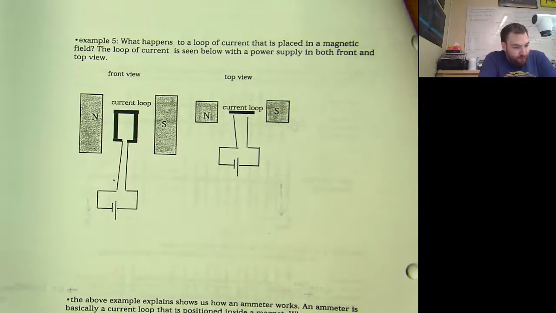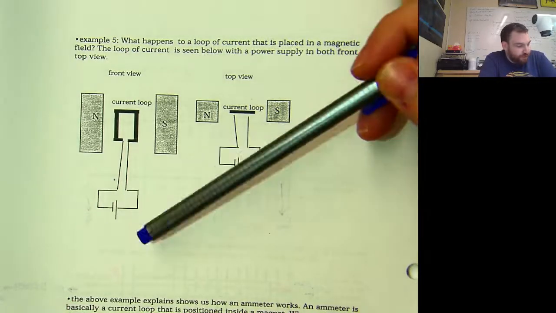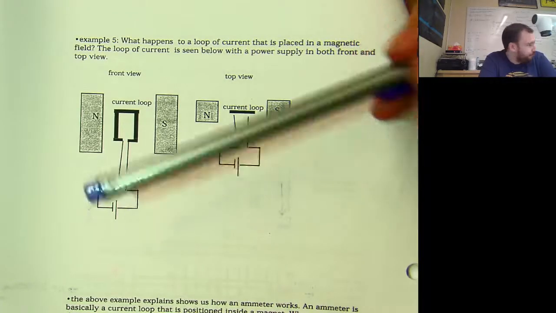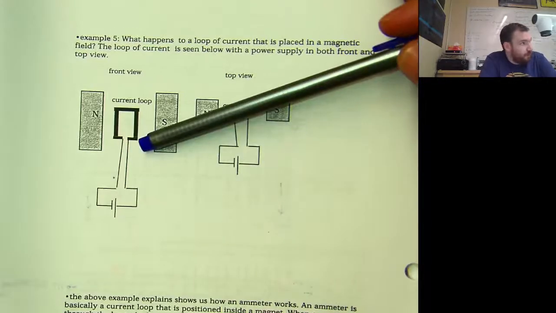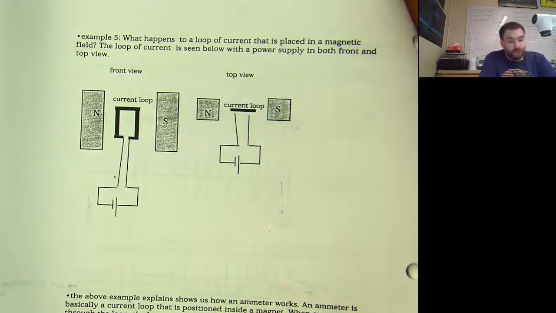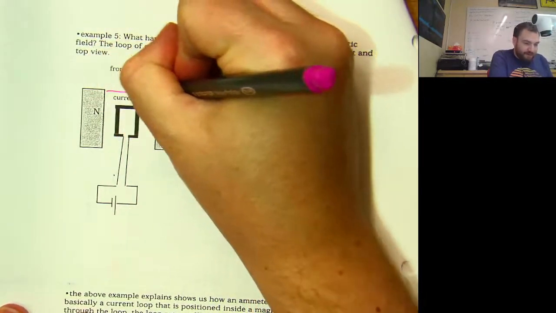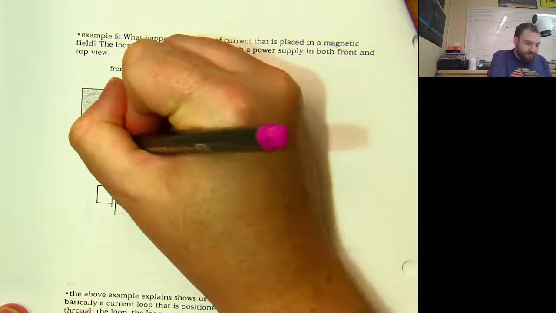What happens to a loop of current that is placed in a magnetic field? The loop of current is seen below the power supply in both front and top view. As soon as I turn the current on here, what's going to happen? Is the question. Who wants to reason their way through this one? Okay, give me any piece of it. That's our setup. What do you know? What flows from north to south? Okay, so our B field's going this way.